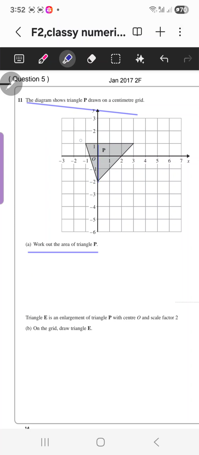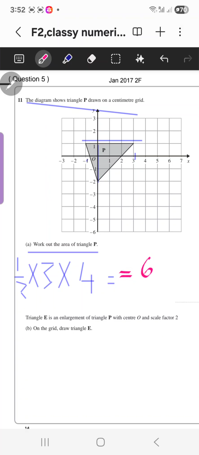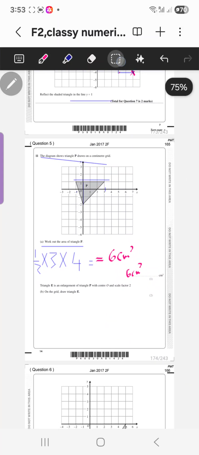The height here, from -1 to 3, is 4, so half base times height will be equal to 6 units. He says centimeters, so it would be 6 centimeters squared, and we write it here, 6 centimeters squared.